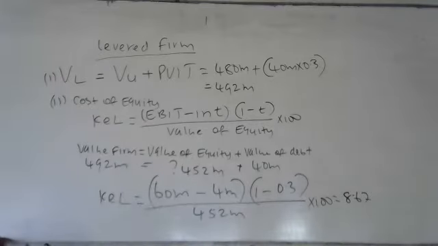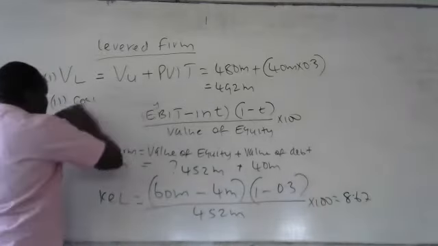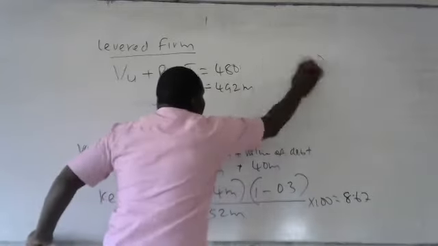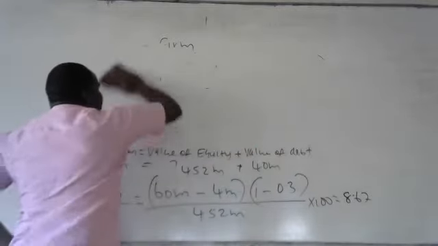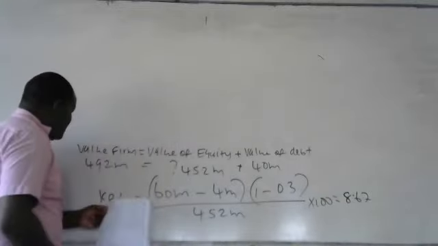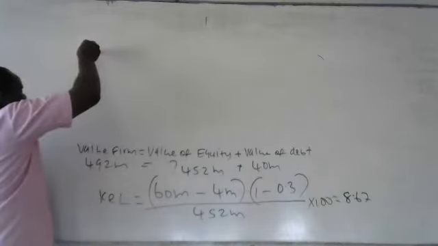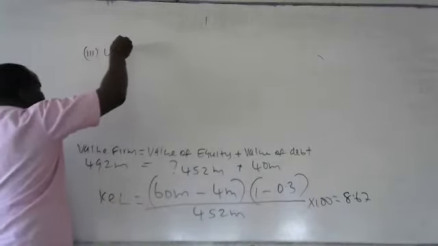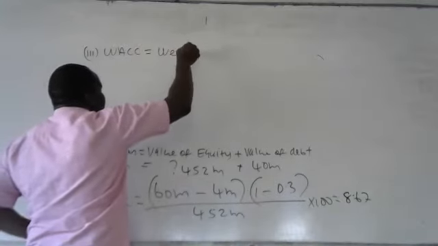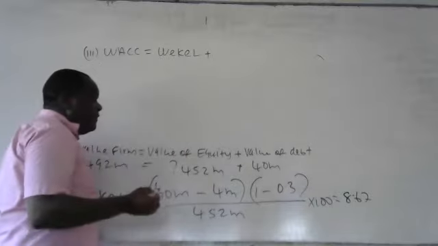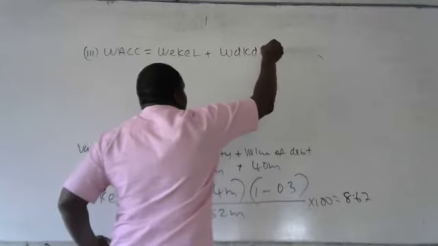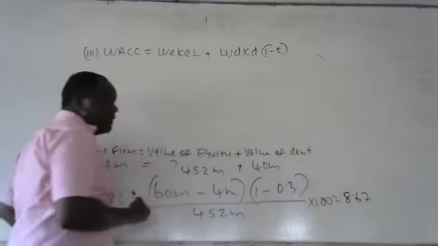Then finally, we compute the WACC. Once we have the cost of equity, we now calculate the WACC, whereby we take the weight of equity times the cost of equity for the levered farm, plus weight of the debt times KD, which must always be after the tax.